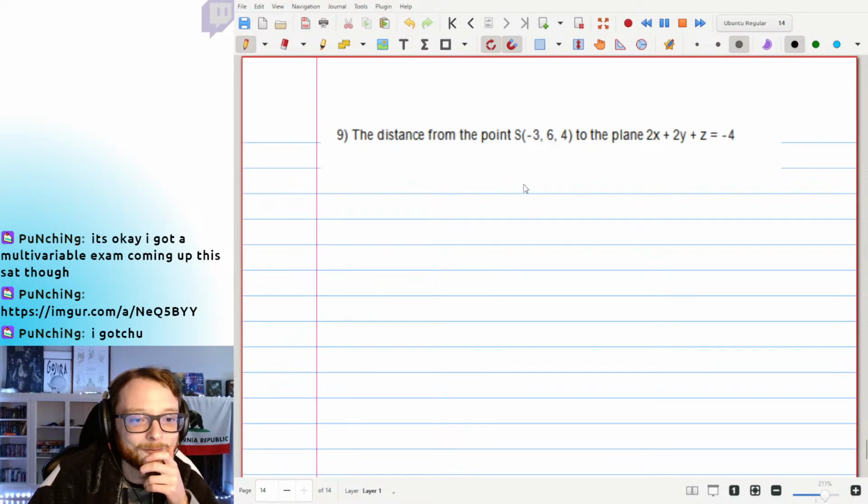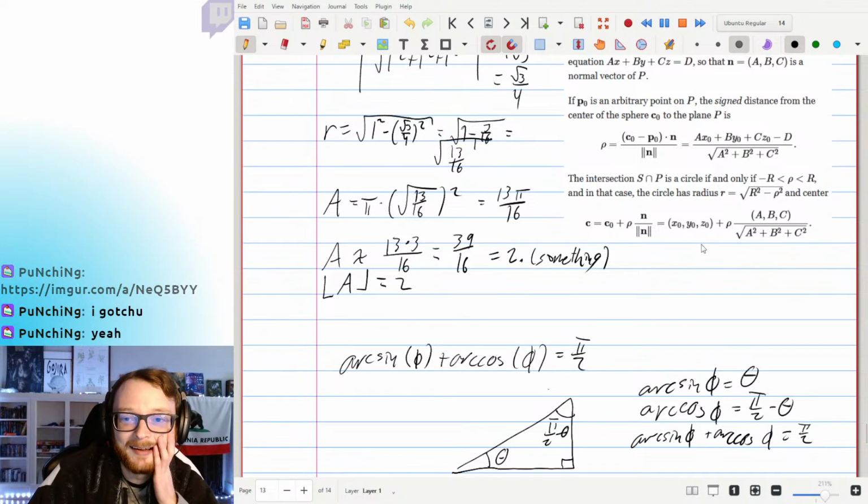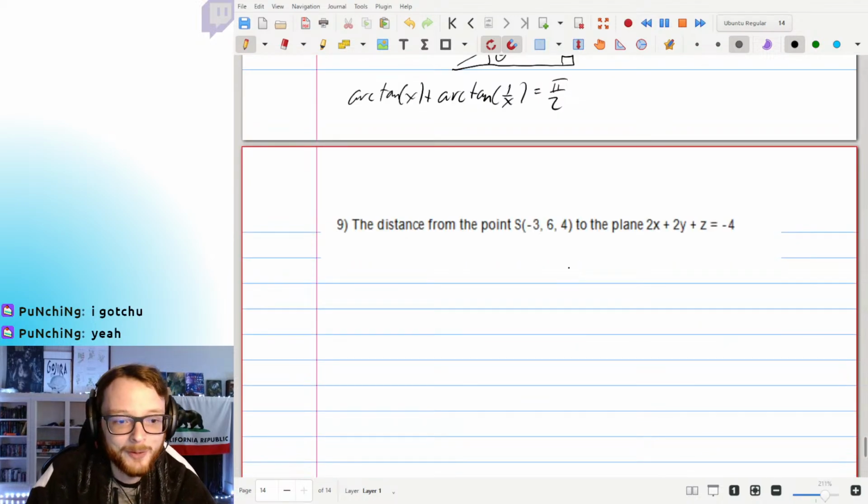So there's a formula for the distance from a point to a plane, Punching. Do you know that? Yeah? Okay, so I happen to have it right up here. Let me rewrite it in a simpler way though.